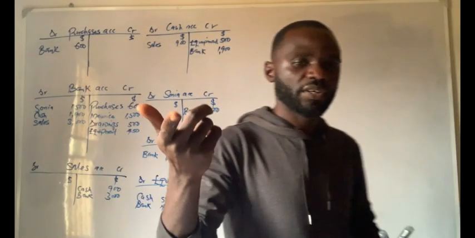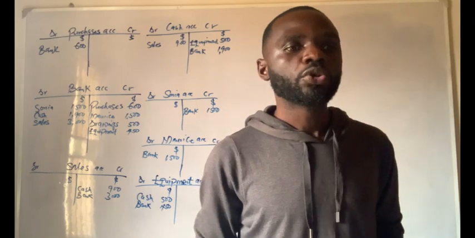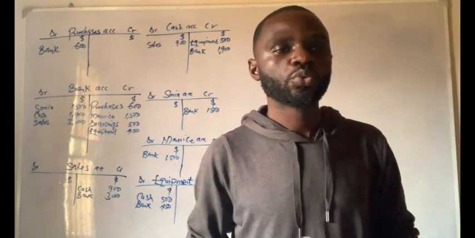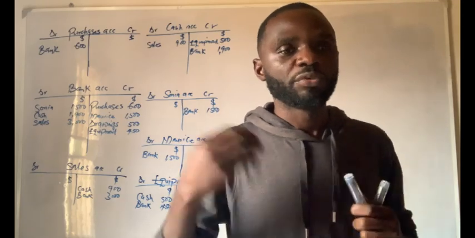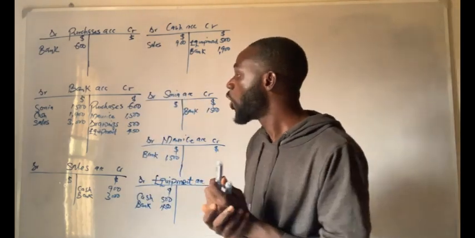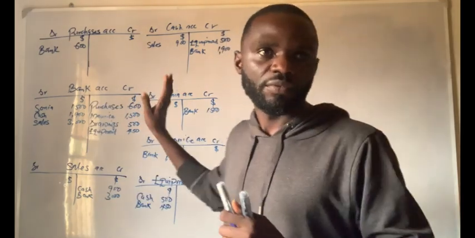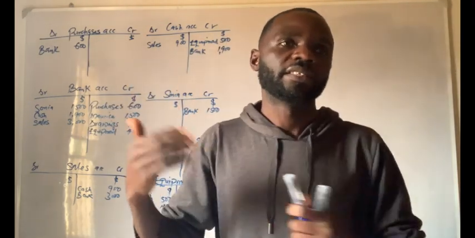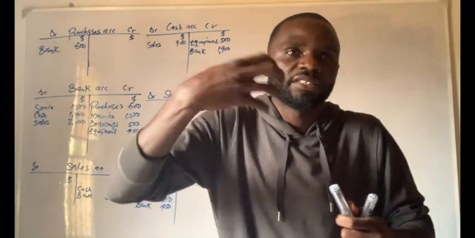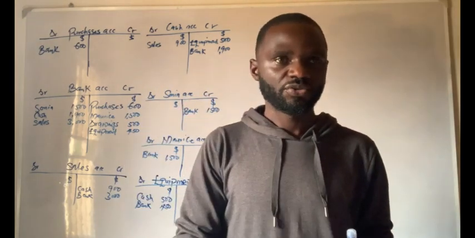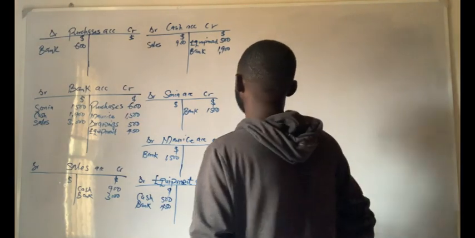So next, we'll move to the next one, and then the next one now says, return to BAS, 100. So now we have a new transaction, which we don't have any other account for here. There is a return and there is a BAS. But then it was returned to BAS, so it means that BAS is receiving. BAS received whatever is returned to him or her. We don't know the gender of BAS.